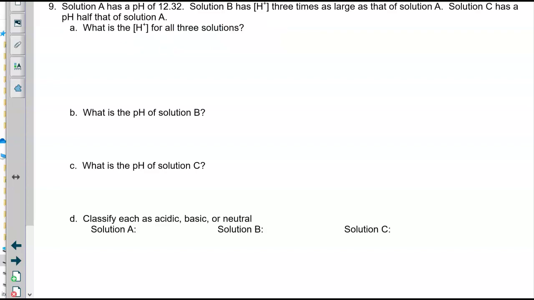So, for example 9, this is very similar to what we just did.